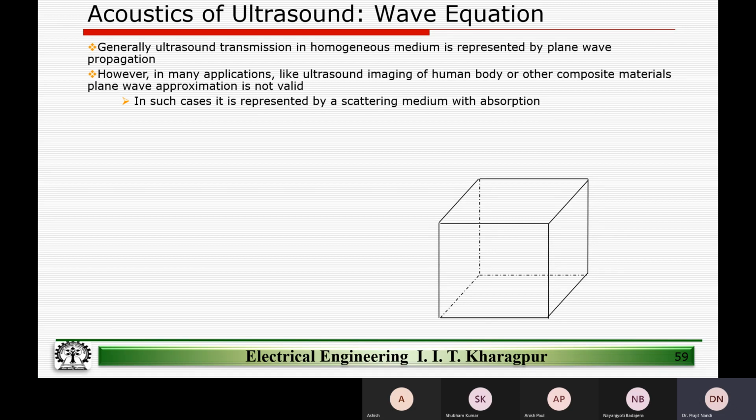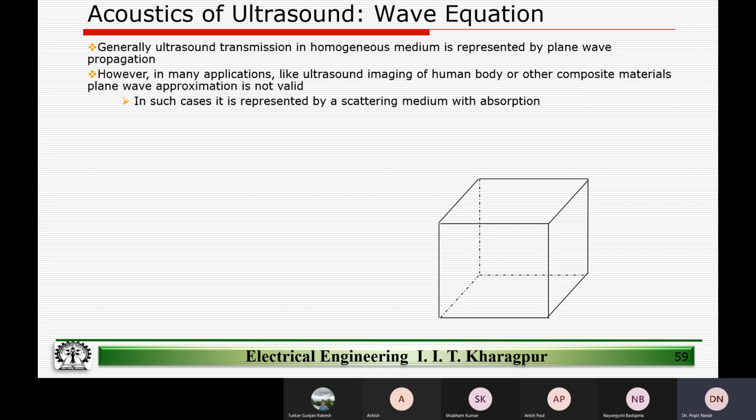So yesterday we started deriving the wave equations with the goal of realizing an electrical model wherein we can study how an ultrasound electronic system works. I mean, we need to develop an ultrasound electronic system.